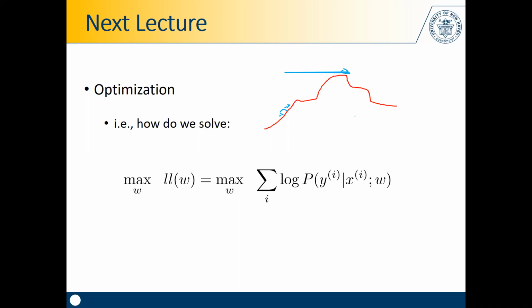Just a quick reminder, when you're dealing with multivariable functions, let's say you have a function f of x1 and x2, then the derivative of this function with respect to x1 is called the gradient of the function with respect to x1.